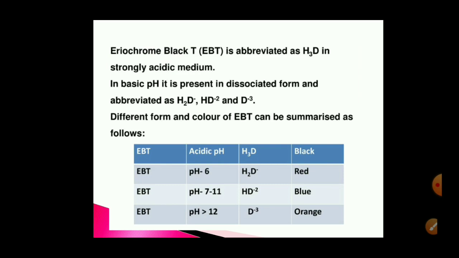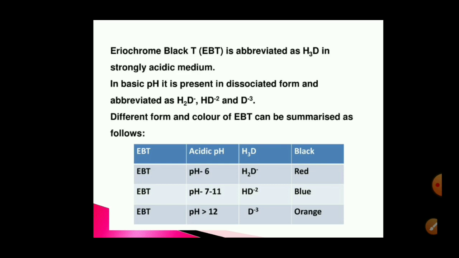The other forms, the dissociated forms of EBT at different basic pH, can be H2D-, HD-2 and D-3. H2D- exists at around pH 6, and it is red in color.